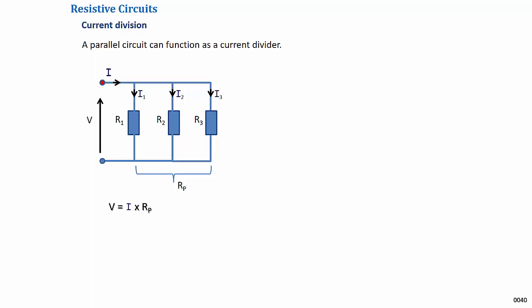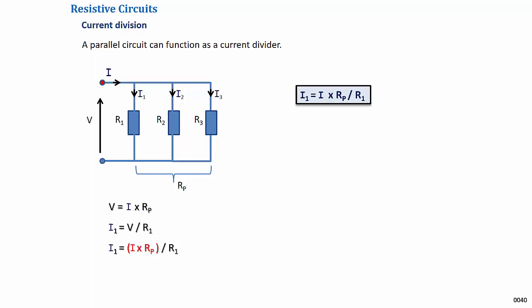Consider the parallel circuit shown. By Ohm's law, V equals I times Rp. The current through R1, I1, equals V divided by R1. Substituting for V, I1 equals I times Rp divided by R1.